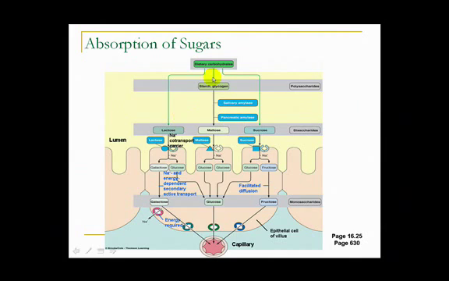So you have your sugars, they'll get broken down by amylase into the disaccharides, and then you have brush border enzymes that are sitting in the membranes of those epithelial cells that will break them into their simple sugars. And you have a sodium glucose transporter that's going to bring the glucose in with the sodium.